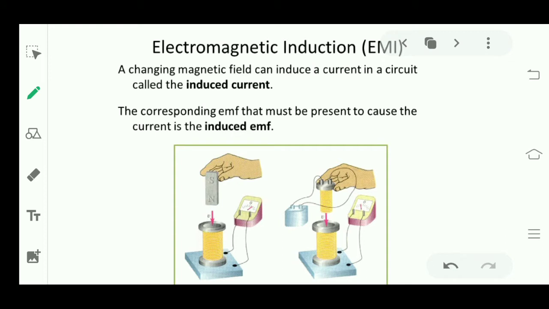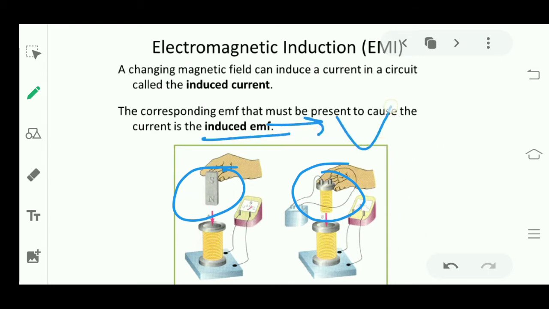As we discussed, if the magnet is moving or the conductor is moving, EMF is induced. That means EMF is the potential difference V here. If potential is induced, that means current would also be there, and that current will be known as induced current.